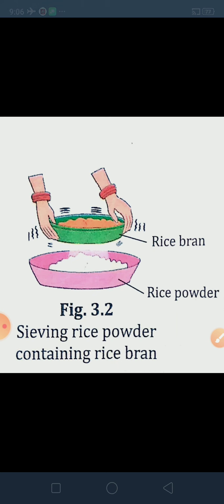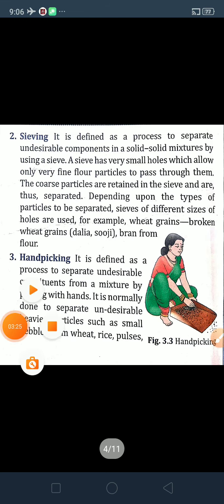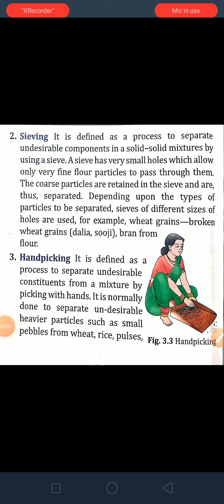Okay students. Third process, hand picking. Hand picking is also a process to separate undesirable constituents or components from a solid and solid mixture by picking with hands. That's why this process is called hand picking.